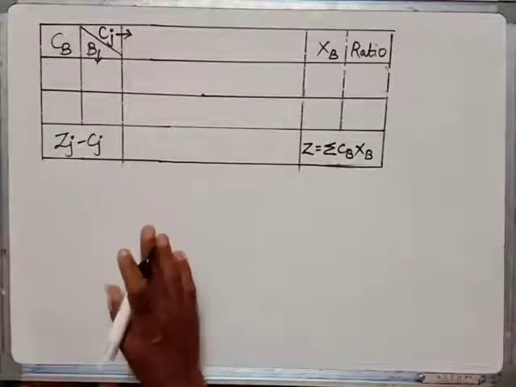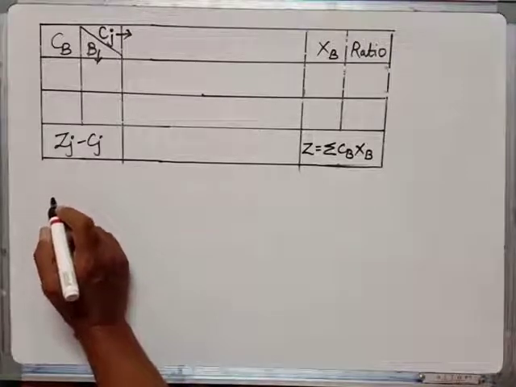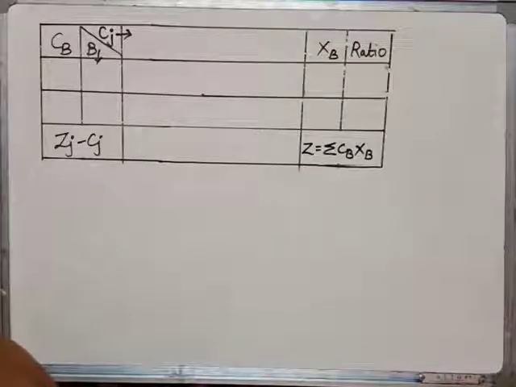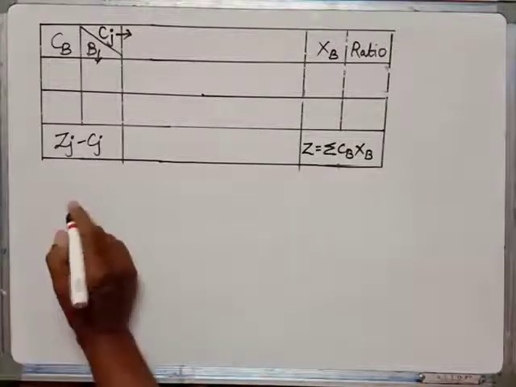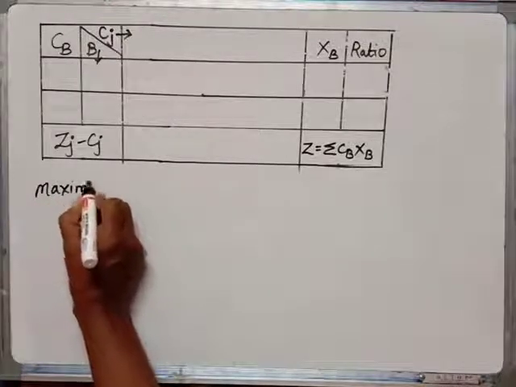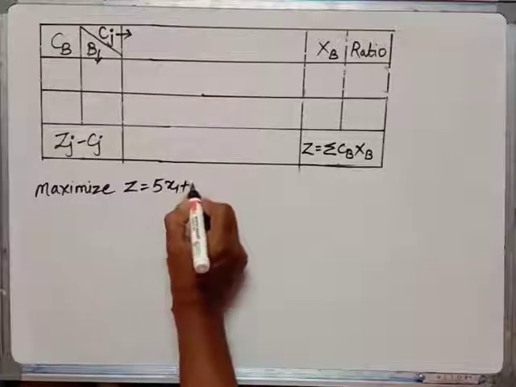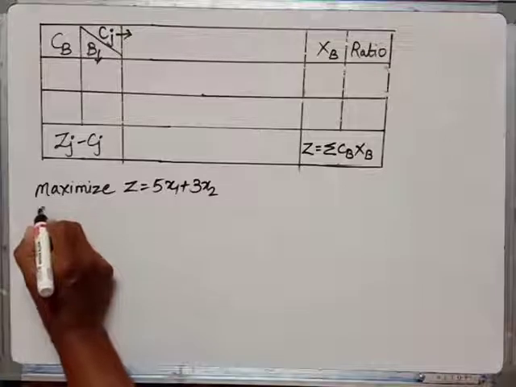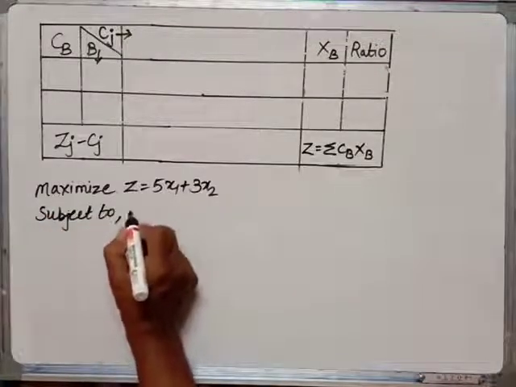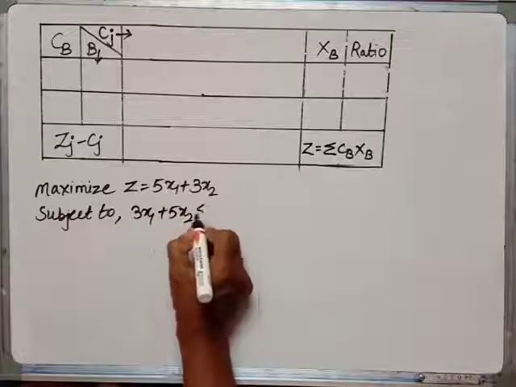Okay. Now, what does this exactly mean? Let me take one example. Already we had taken one example to convert the given LPP into its standard form. Suppose maximize Z equal to 5x1 plus 3x2 subject to 3x1 plus 5x2 less equal 15.